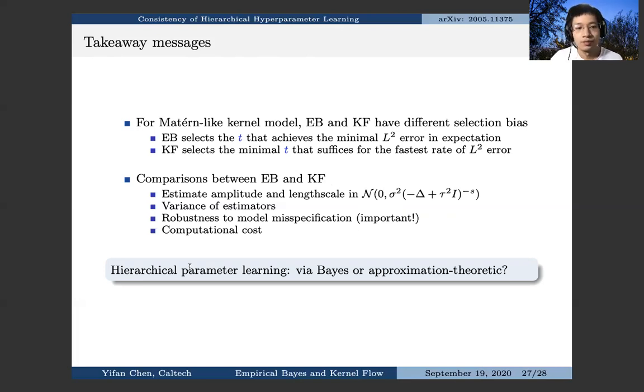Generally, in this work, we are mainly doing hierarchical parameter learning in the Gaussian process scenario. There are two different approaches: the Bayes approach, which is probabilistic, and the approximation theoretical approach, which is more frequentist and more deterministic. Those two algorithms have very different principles, and they lead to very different behaviors. The general question we are interested in is to characterize their selection bias and their behaviors in many different models.